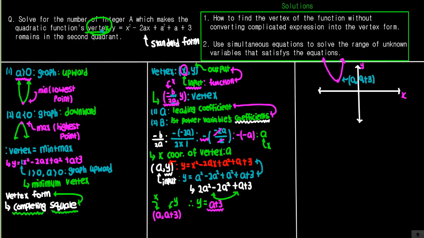This is the vertex of the function. But if you want to solve for the a value which makes the quadratic function stay in the second quadrant, we need to solve for it. So if we write our vertex down again, the vertex was a comma a plus 3.